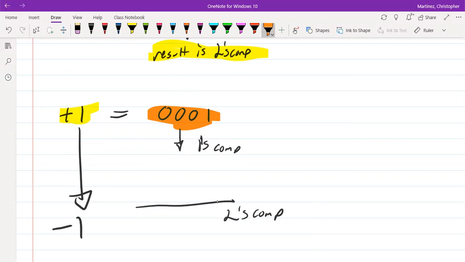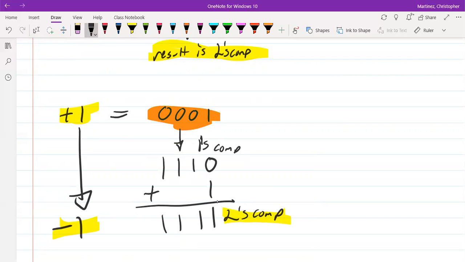We're going to do 1's complement, where I take each bit and do the negation. A 0 becomes a 1, a 0 becomes a 1, a 0 becomes a 1, and a 1 becomes a 0. Then I'm going to add 1 to it. So I get 1, 1, 1, 1, and that is negative 1 in 2's complement form.